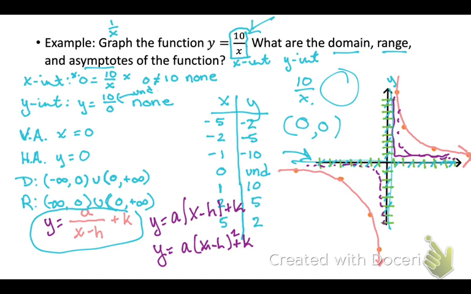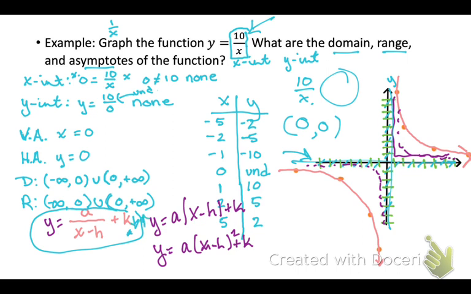See it? All connected. Is my k going to give me left and right? So what's it going to change, horizontal or vertical? Vertical. H, no, sorry, I said that wrong. K goes up or down.